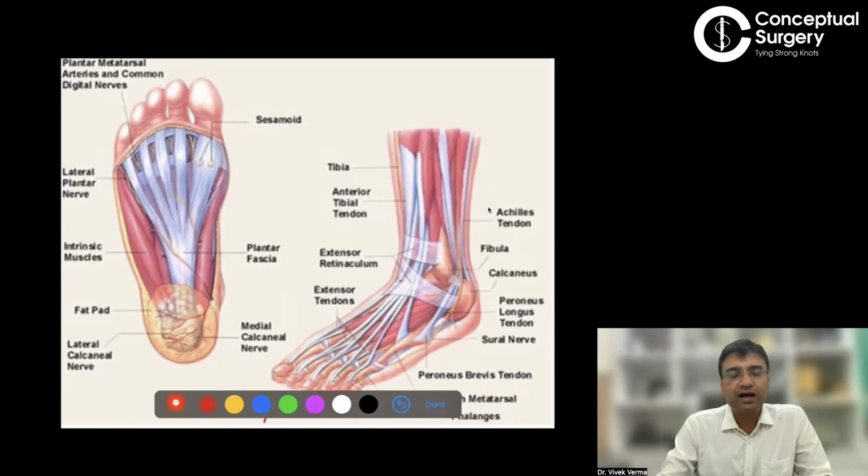So you can easily identify the landmarks: the tibia ends, your talus, then your calcaneum. Just assume that these are the foot. Then gradually your cuneiform, your cuboid, and similarly after your tarsals, then come your metatarsals and the phalanges. Like that, you go about it.